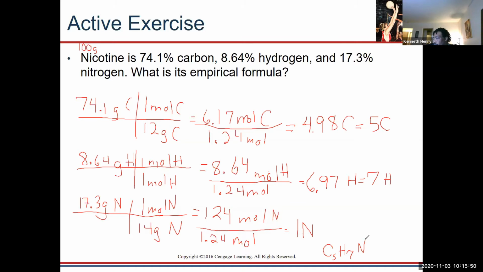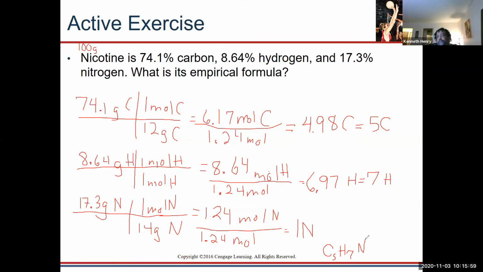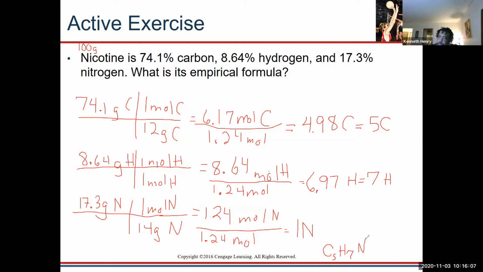Okay? So you said carbon always goes first, then hydrogen? Yep, carbon, then hydrogen, and then everything else is based upon electronegativity. Okay, got it.